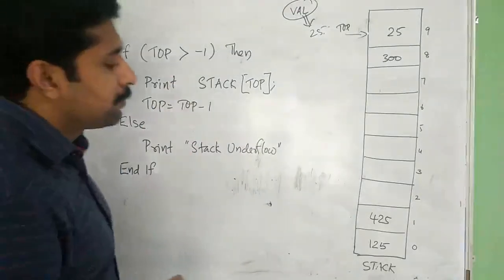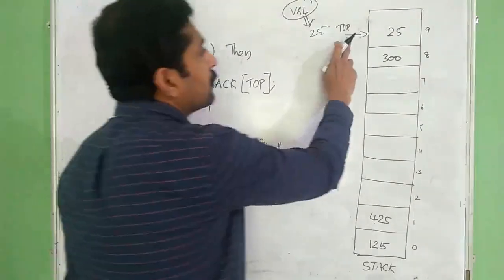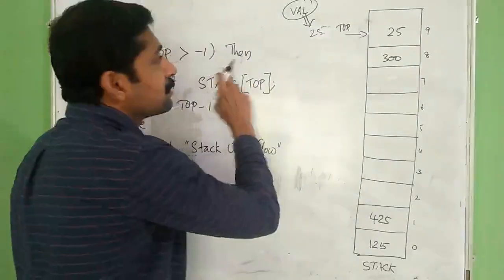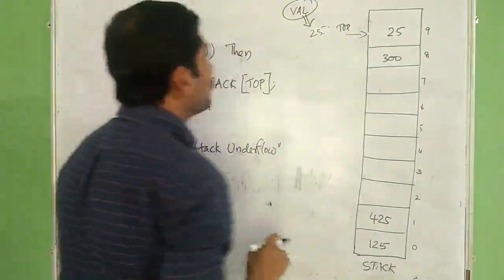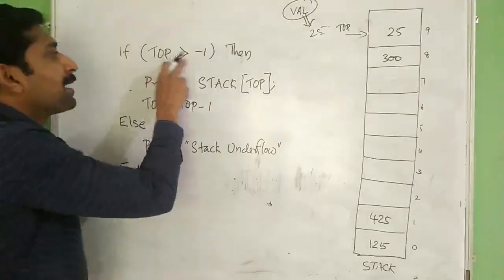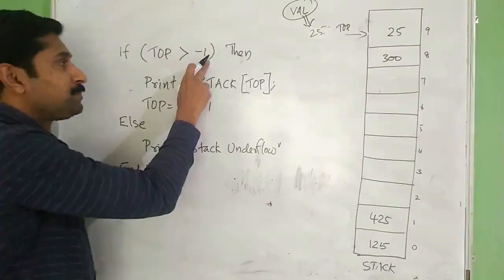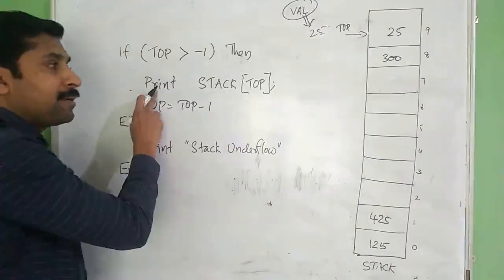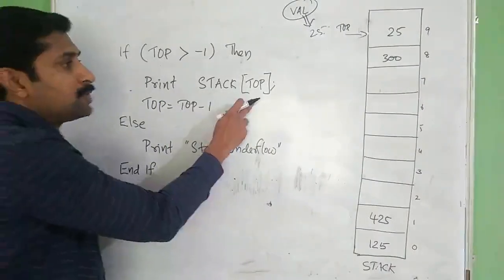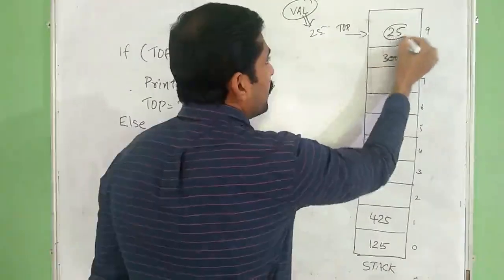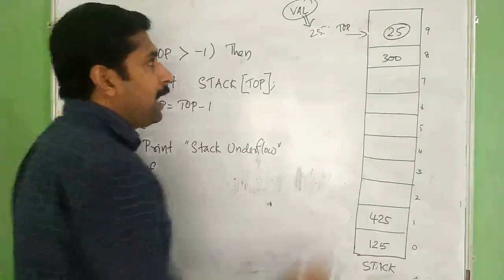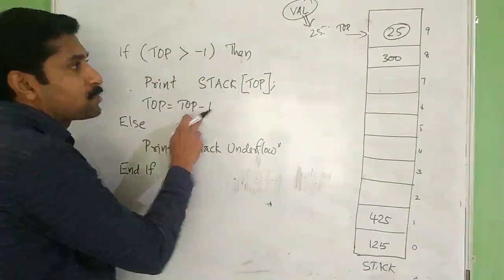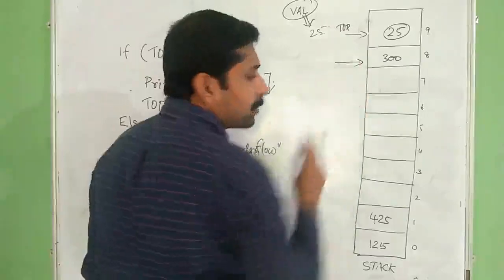So let us check. Now the top is 9. Top greater than minus 1? Yes. Then what is to be done? Print stack of top, which means this item will be popped, deleted. And top becomes top minus 1. Now this is the top.